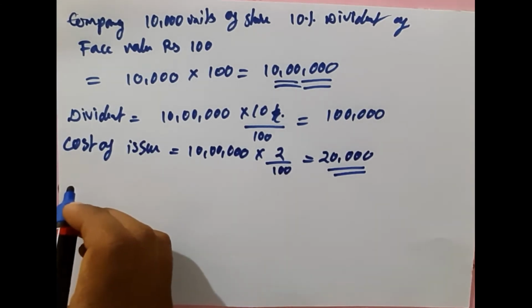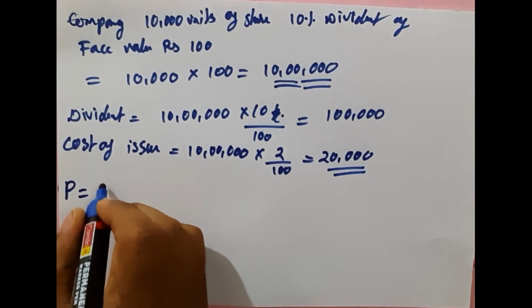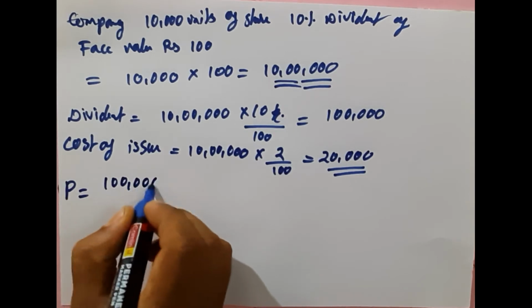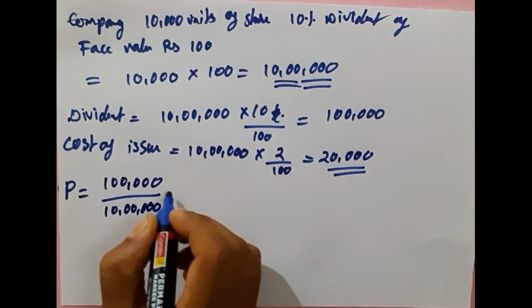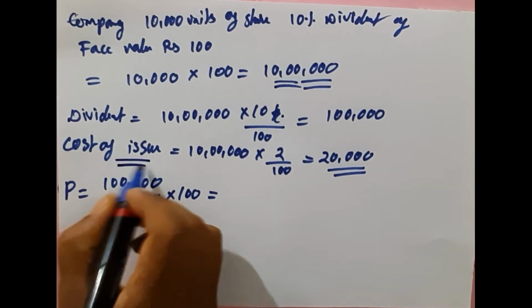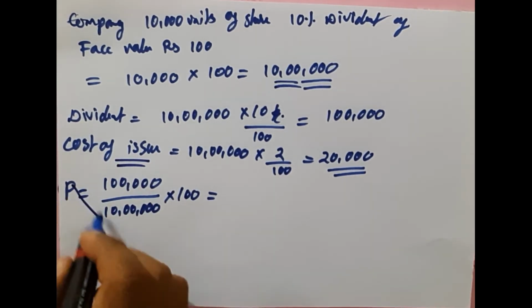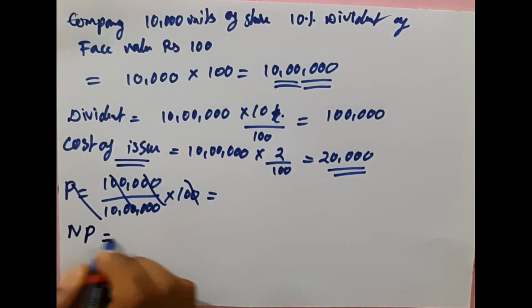What is the cost for the preference share? Kp is equal to dividend, which is 1 lakh, divided by 10 lakhs into 100. But is this the correct method? No. Why? Because the cost of issue has been given, so this is not the formula. You have to find out net proceeds.